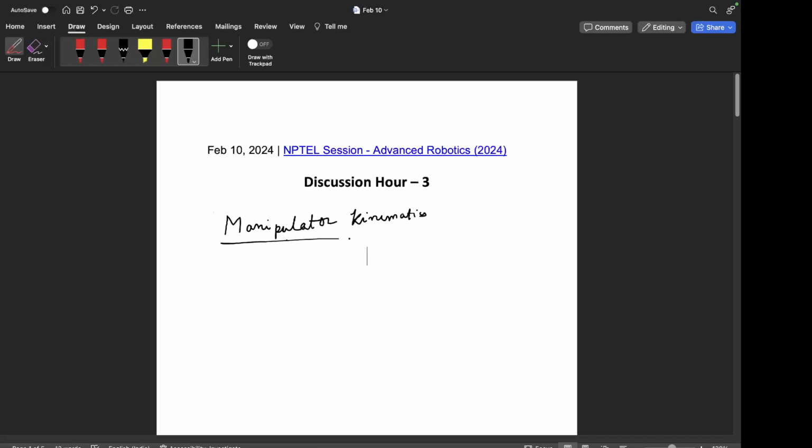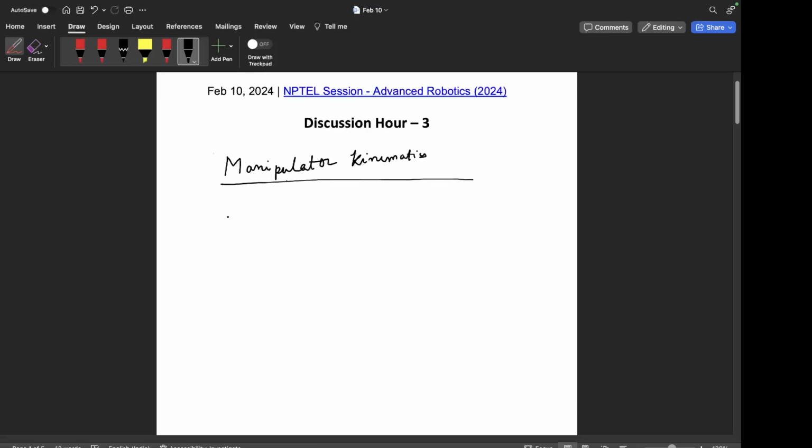And just to recapitulate what we have done in the previous weeks, especially in the second week, the major concepts were forward kinematics and inverse kinematics.